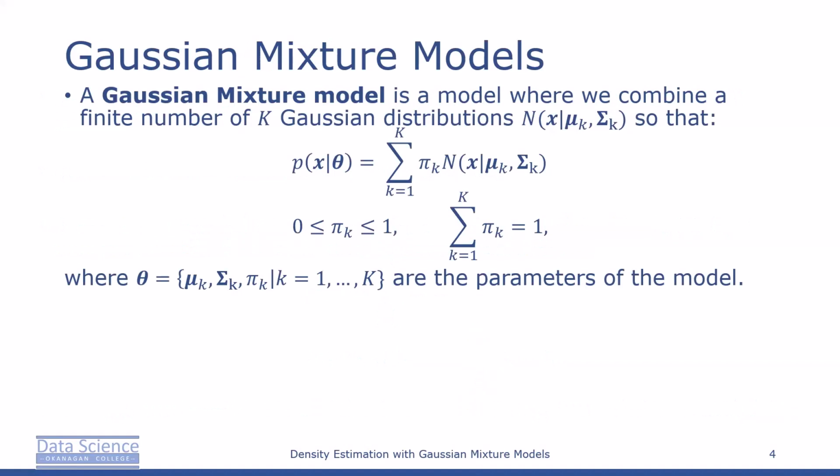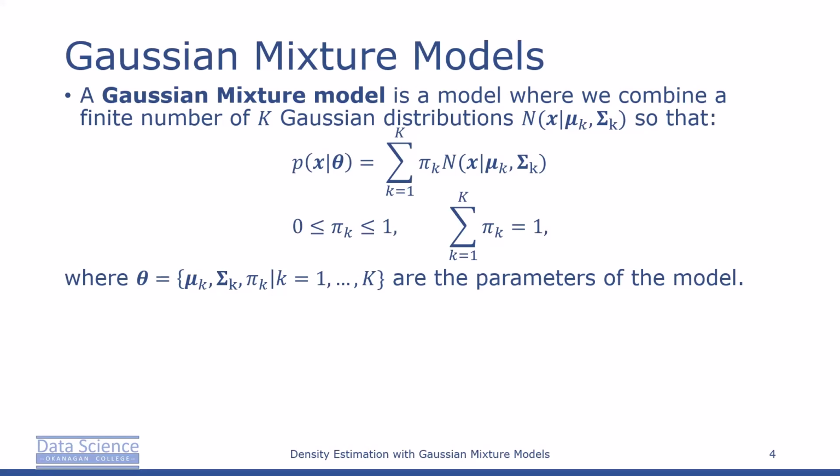A Gaussian mixture model is a density model where we combine a finite number of K Gaussian distributions, N(x | μ_k, Σ_k), so that the probability of x given θ is equal to the sum of π_k N(x | μ_k, Σ_k), where the π's range between 0 and 1, the sum of the π's is equal to 1, and θ is a set of parameters μ, Σ, and π for the model.